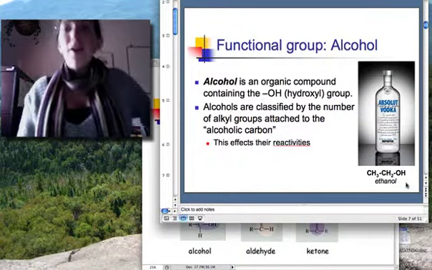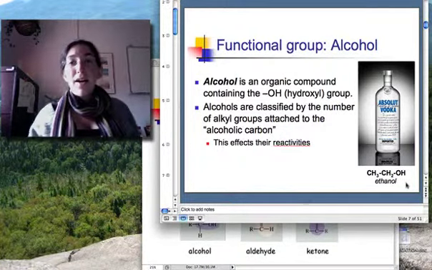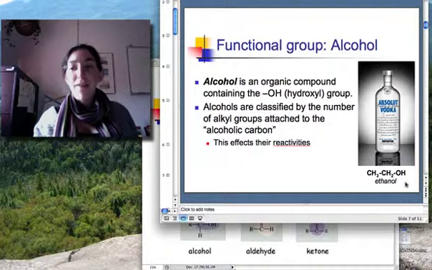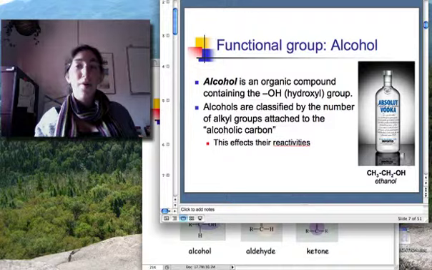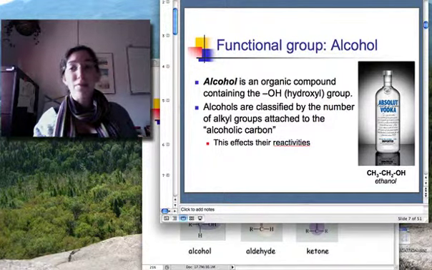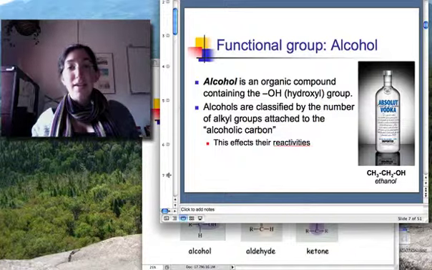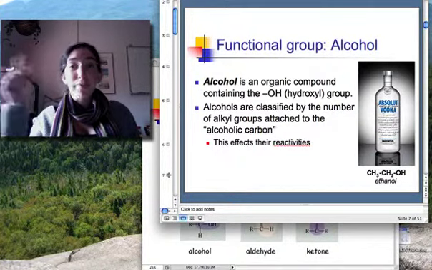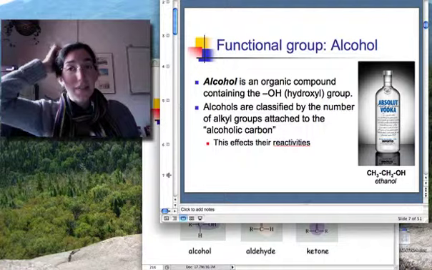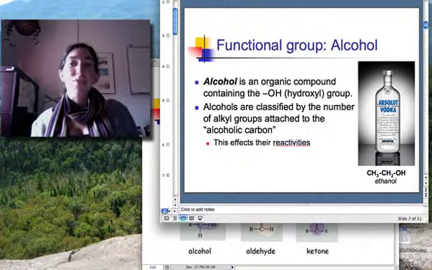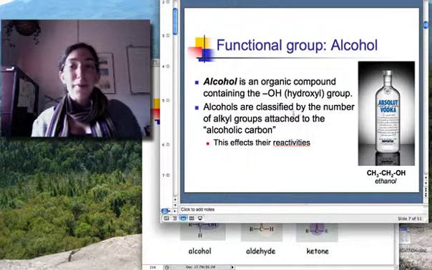Okay, so all alcohols have this suffix "ol," and they all have this functional group, this OH, or a hydroxyl group. Because remember, hydroxide is the OH minus ion. It's a polyatomic ion, OH minus, hydroxide. So this is the hydroxyl group.